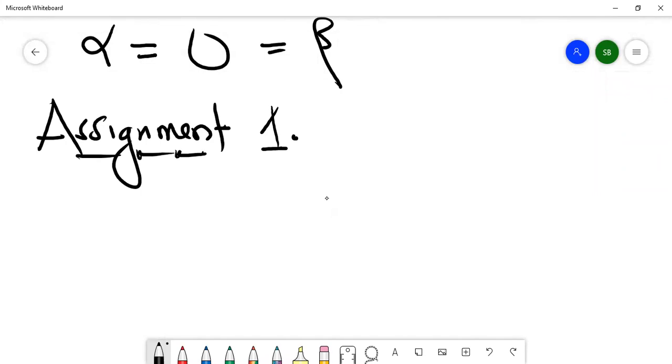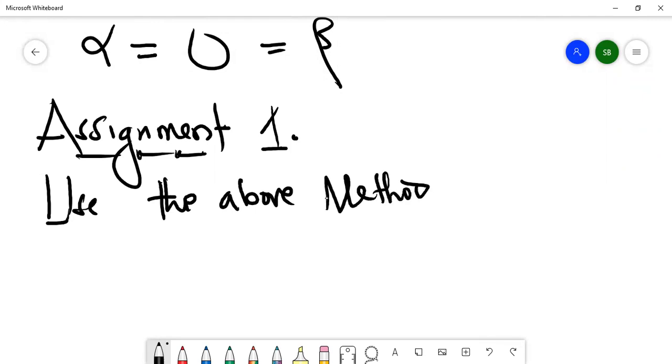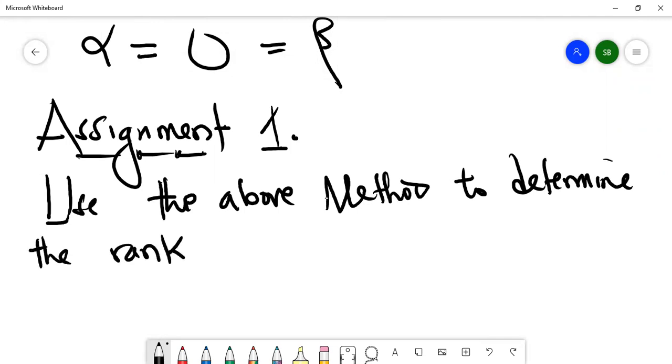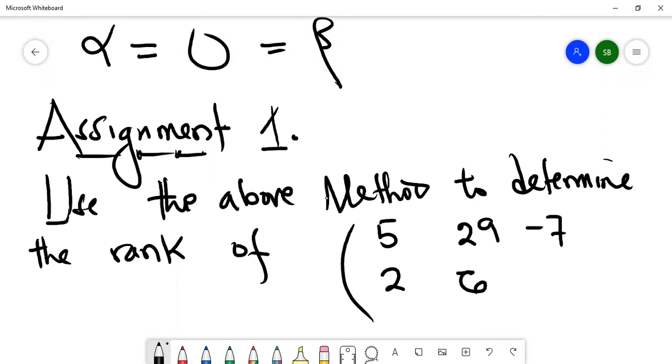The assignment is: use the above method, that is the method we just discussed, to determine the rank of the matrix with entries 5, 2, 9, minus 7, 2, 6, 0, 8, 16, and 4. So you can quickly pen that down.